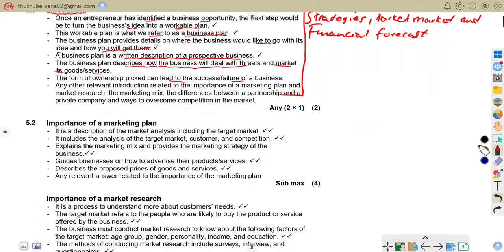Now we are moving on to the importance of a marketing plan. That is the second aspect that we're asked to talk about.